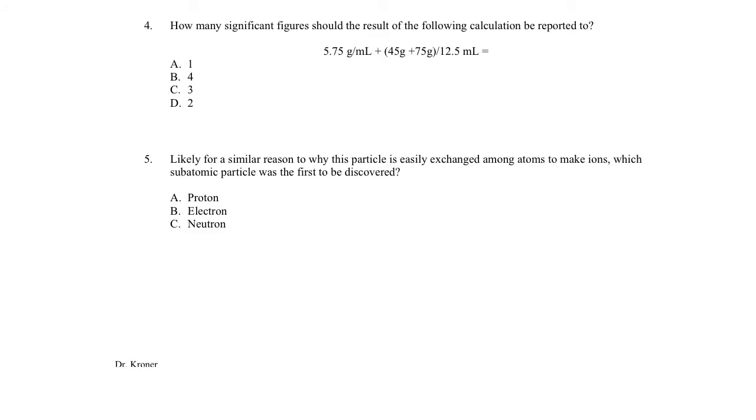How many sig figs does this value have? We have 5.75 grams per milliliter plus 2 masses added together. Key is this here ends up being equal to 120 with 3 sig fig grams divided by 12.5. We're going to keep all 3 sig figs, add that to 5.75 grams per milliliter. So 120 divided by 12.5 is 9.60.